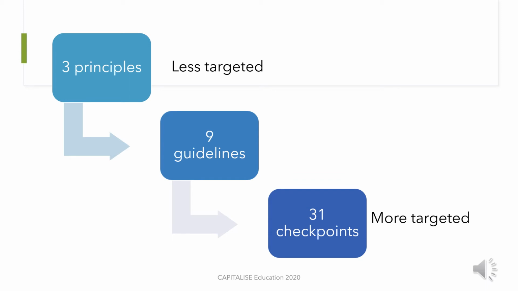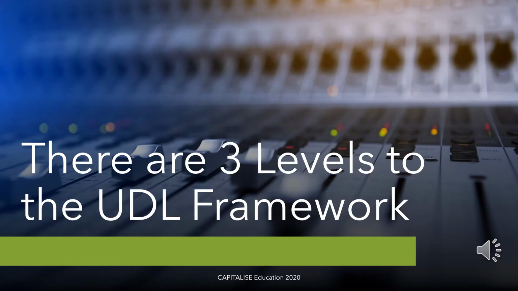The 3 principles are fleshed out by the 9 guidelines and the 31 checkpoints. The 3 broader principles are less targeted. The 31 checkpoints are more targeted and specific to address the barriers experienced by students to the learning process.